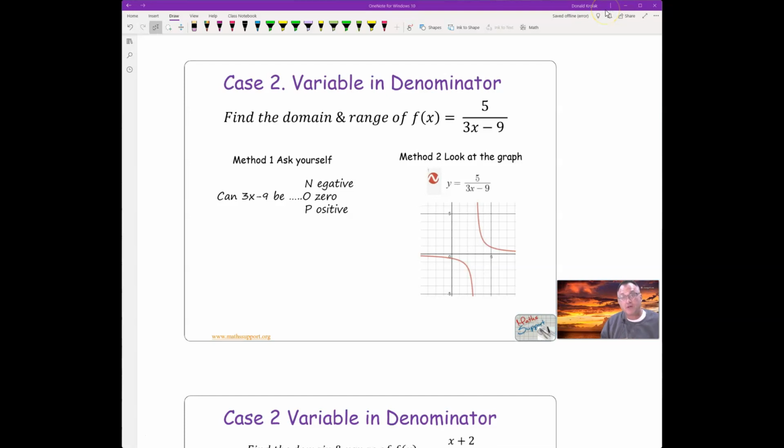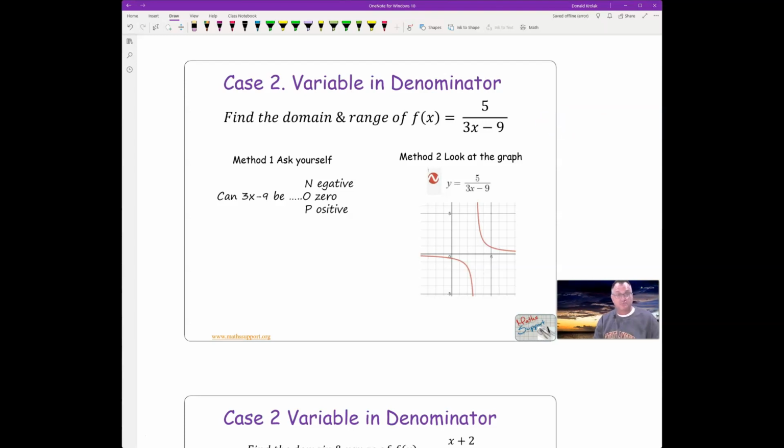Well, remember, you can't have any zeros in the denominator of a function. This part of the function cannot be 0. If it is, then you're trying to do 1 divided by 0, which is impossible.